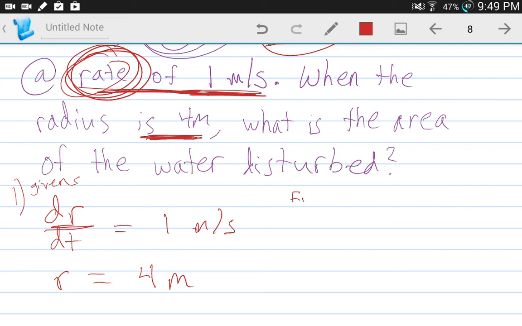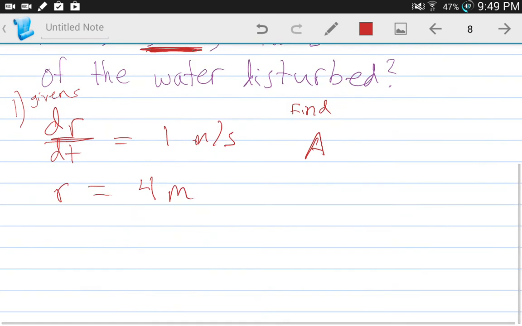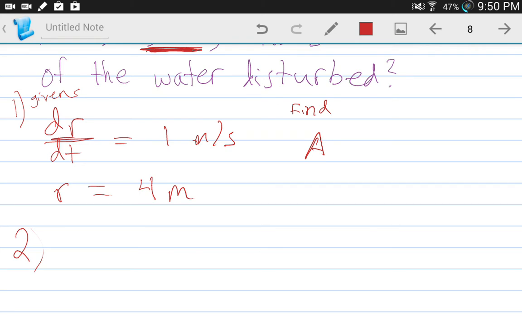And then what are we finding? We're finding the area. Okay, step 2. Now we're finding an area, right? So even if we weren't finding an area, and if that was in the givens, we just want to think, what formula do we know for circles and area, because it talked about area.